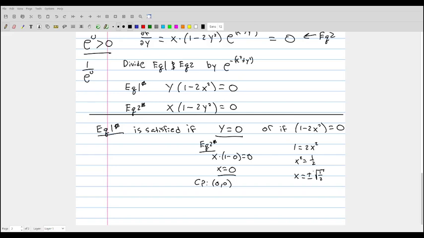But this also gives us something else to think about. If x equals plus or minus 1 over the square root of 2, equation 1 star is satisfied, but x is not equal to 0. You have to also guarantee that equation 2 star is satisfied.